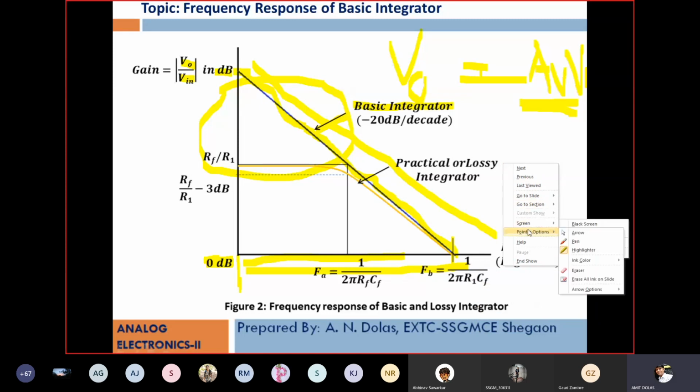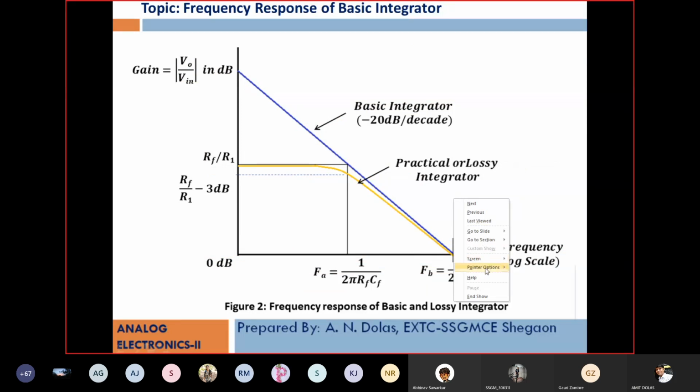So here in the basic integrator, integration starts from 0 Hz at this point, at a high gain, and it will end at the frequency called FB, which is given by 1 over twice pi R1 CF. The last integration frequency depends on the components we have used. Which components? We use R1 and CF. So FB will be 1 over twice pi R1 CF.